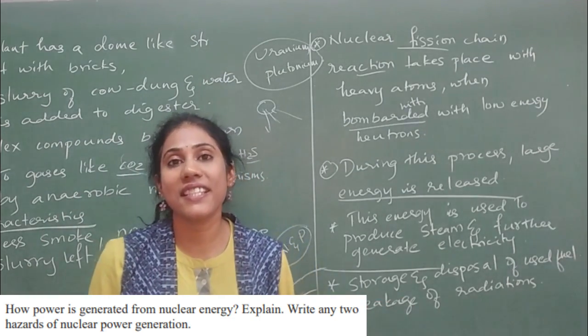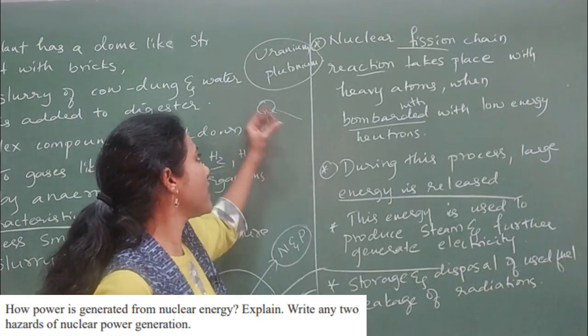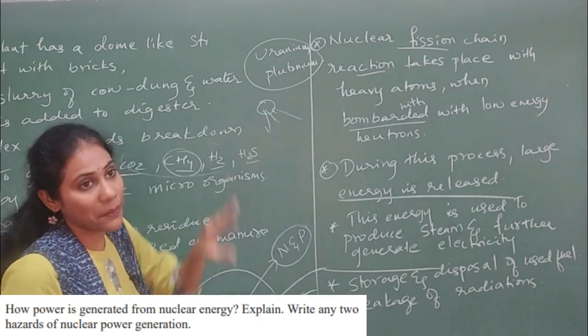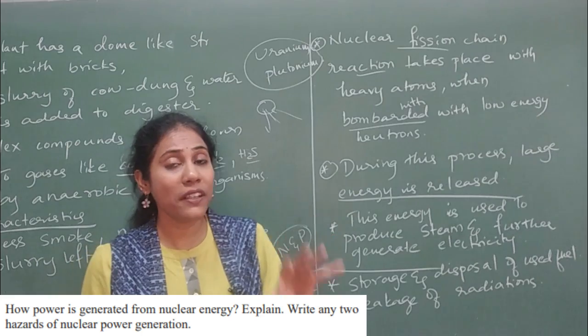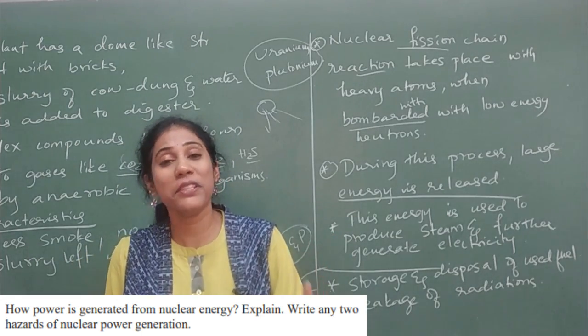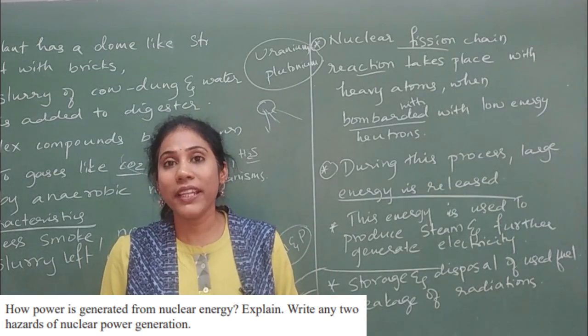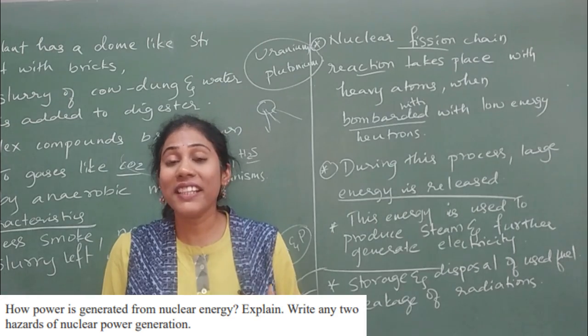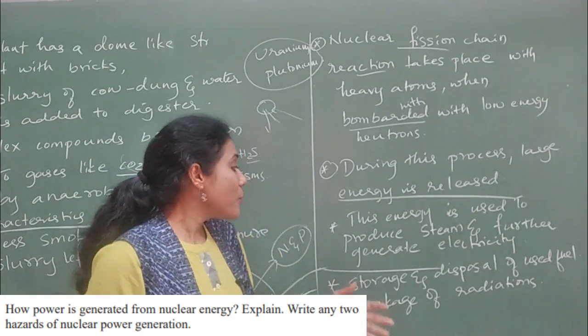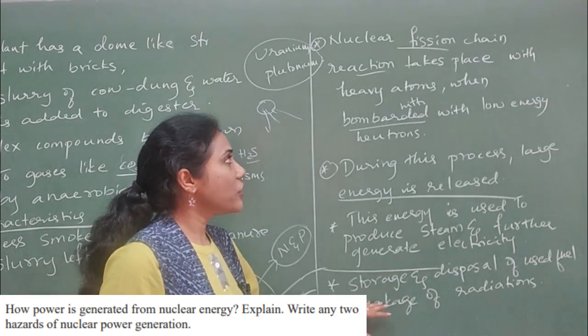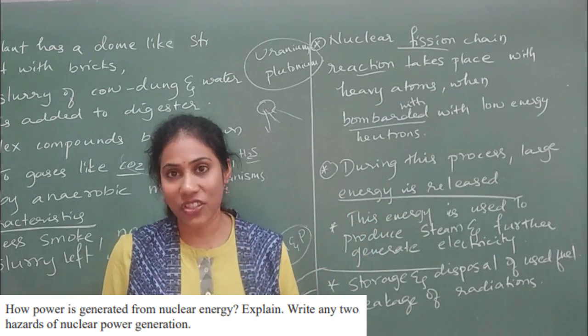In case of any accidents, if these radiations coming out from the heavy atoms leak, it is very harmful for human beings. All these radiations are actually cancer causing agents, right? So these are the two disadvantages of nuclear energy, right?